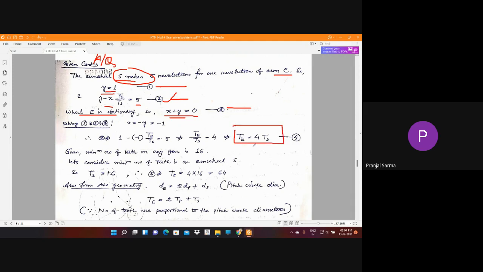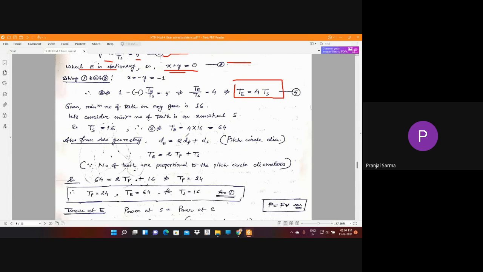Now, according to the given condition, the minimum number of teeth on any gear is 16. Let's consider the minimum number of teeth on the sun wheel S. So TS will be 16, and from here T will be 4 times 16, that is 64.